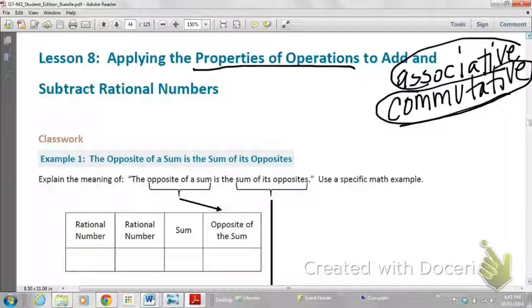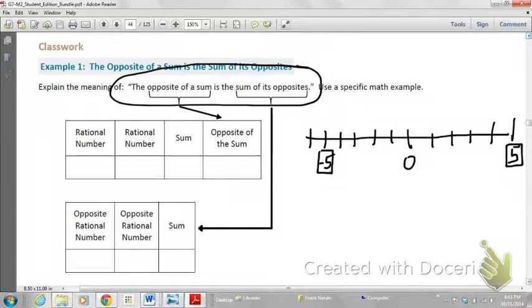There's one that's called property of identity. The other one is the property of opposites. We call it the property of the opposite of the sum.